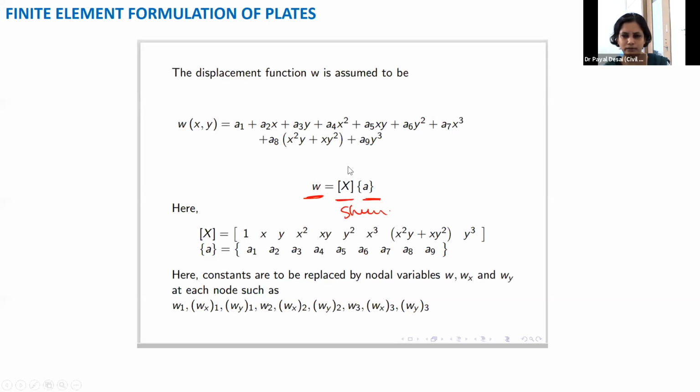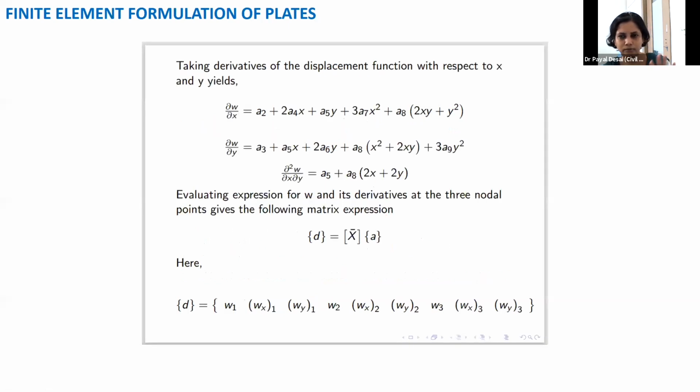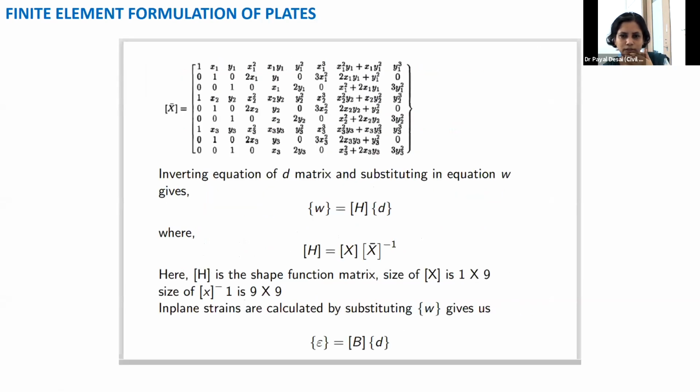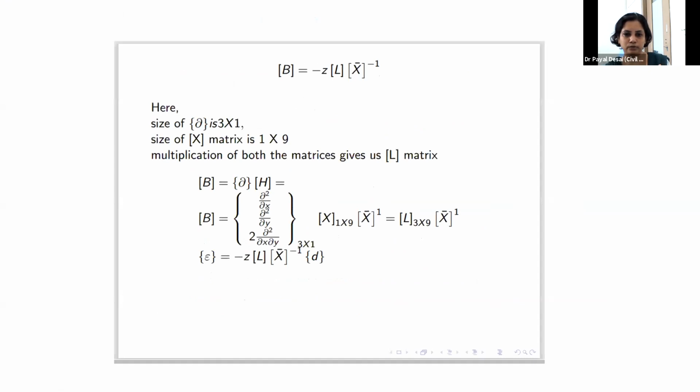You may find out these coefficients, the polynomial degrees. And then in the usual way, now we have seen the strain relation, del W by del X, del W by del Y. You may find out the rotations, and you get your K matrix from this.